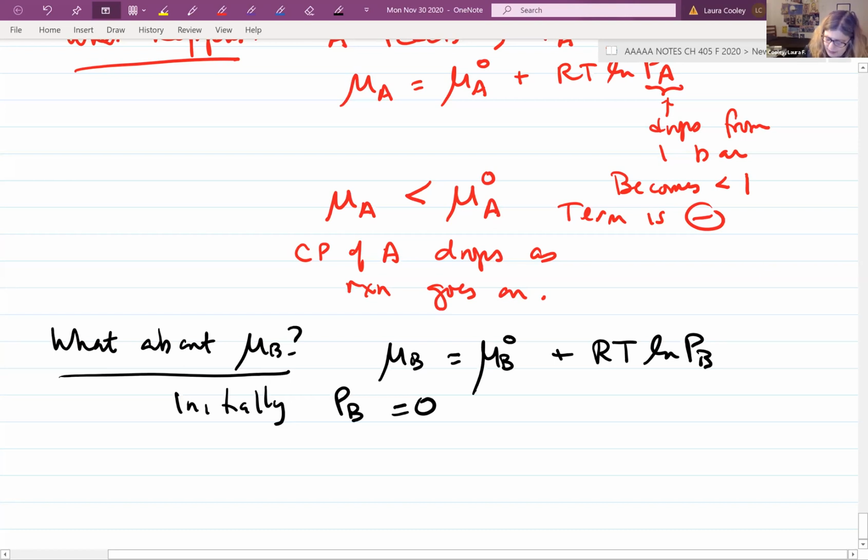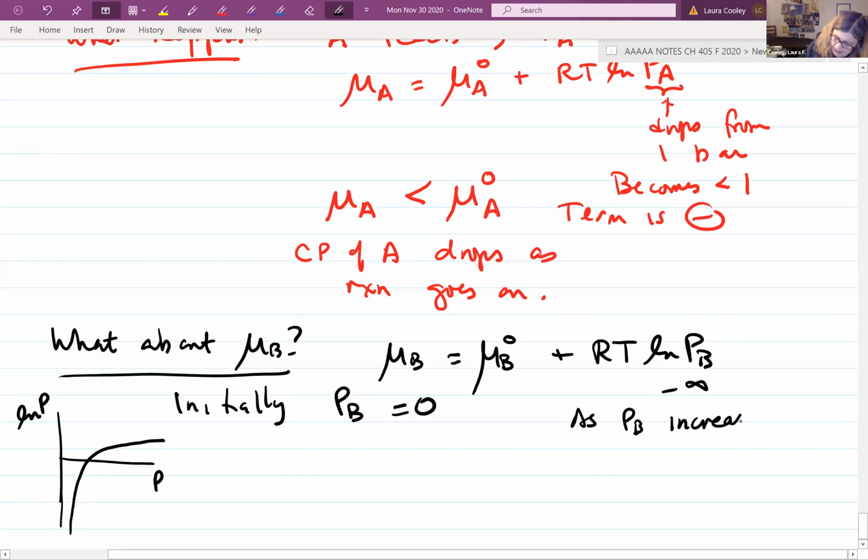But certainly, what does a log function look like? It looks like this. Wait, that's not right. So this is actually like negative infinity, right? And as PB increases, the log of PB goes up.